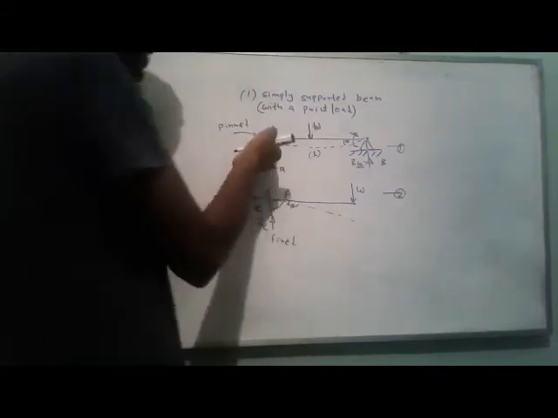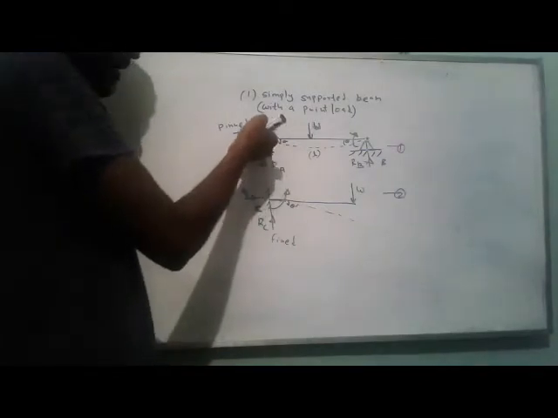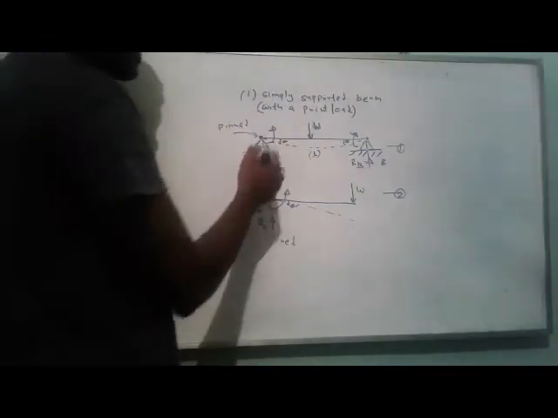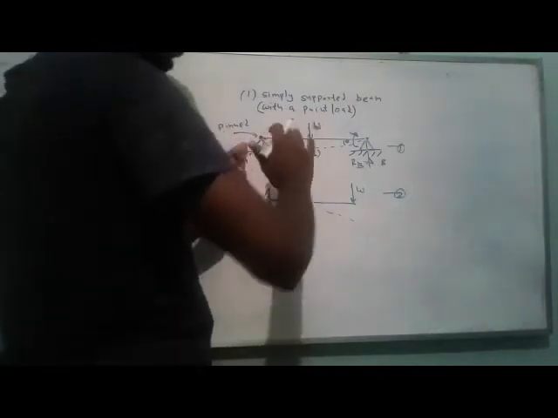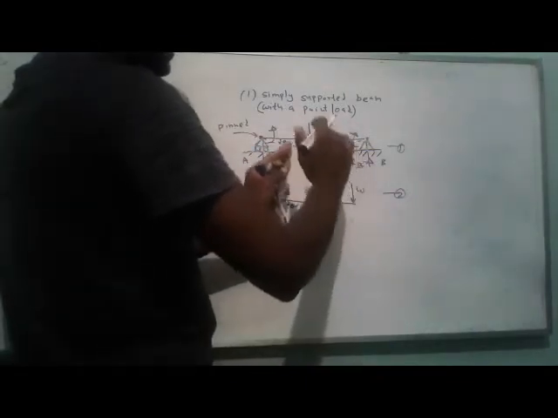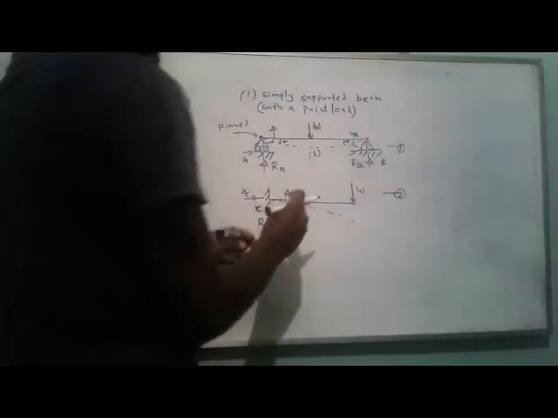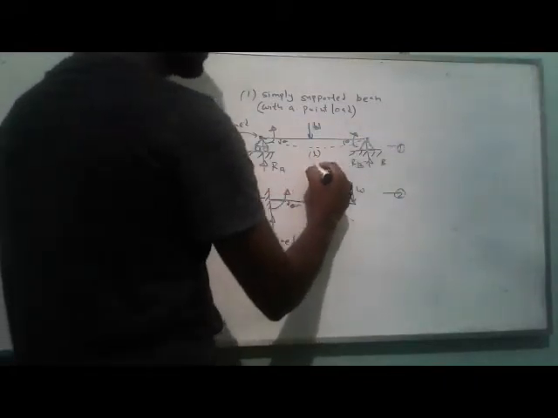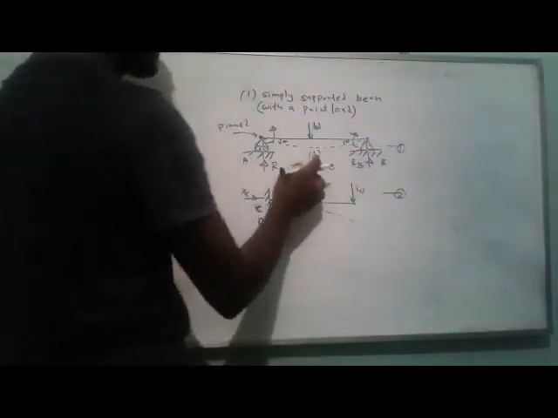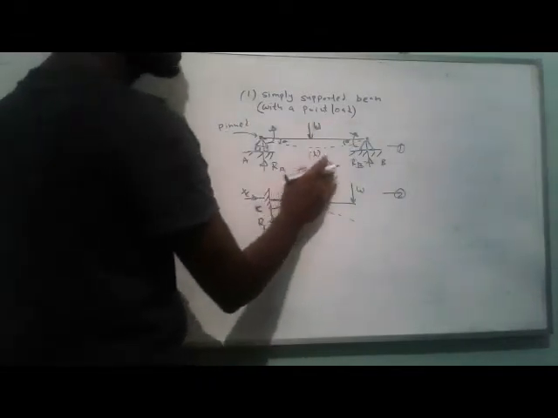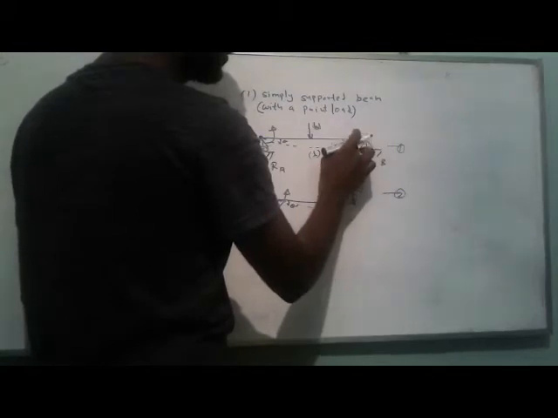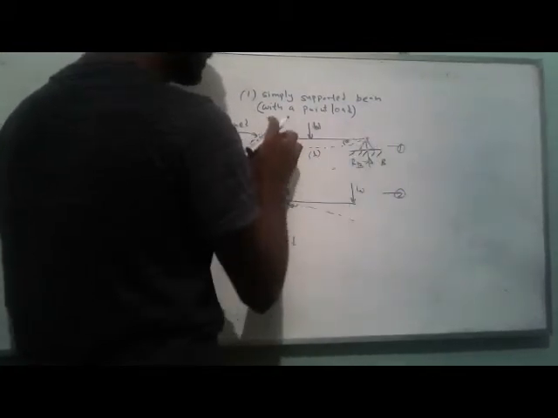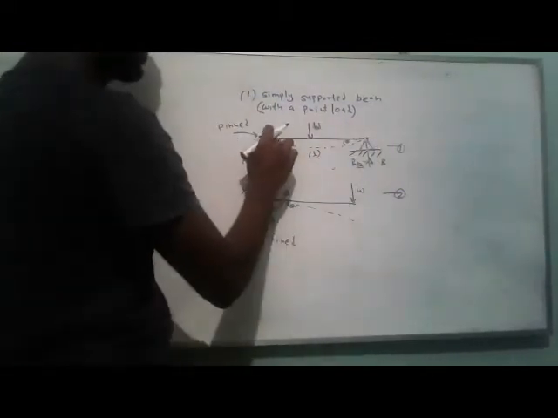Roller support means at the end there is a pin end. So in a simply supported beam, at the two ends there are pin ends. In such ends, movements are 0. That means in these pin ends, movements are 0. Therefore, this movement will be 0. This movement will be 0.